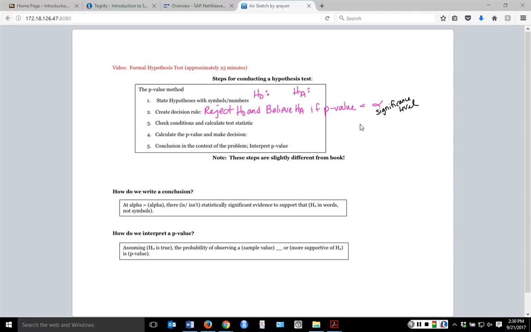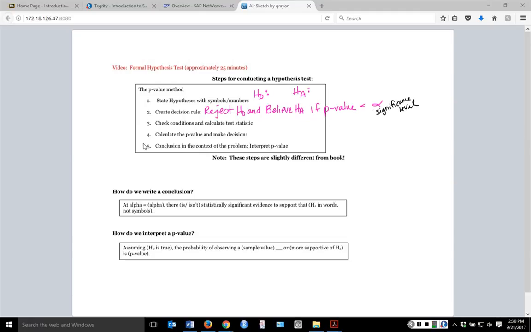And I can take this number back up to step 2 and say, okay, I have this number. Is it less than this number? If it is, I'm going to reject the null and believe the alternative hypothesis. If it's not less than my significance level, I will not reject the null hypothesis and I will not believe the alternative.